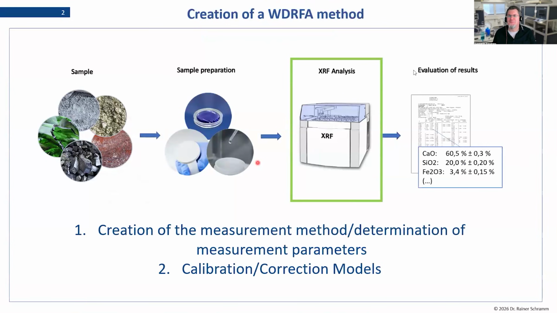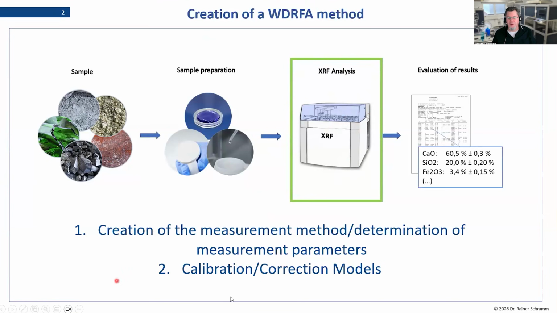Repeated visitors might be familiar with the formula we are usually using. Today's topic focuses solely and entirely on the analysis part in the X-ray machine. So we're not going to talk about the other topics that result in good analytical results. We'll just focus on the X-ray side today, and our main questions are: what steps do we need to take to create an analytical method, and what other parameters do we need to decide on when developing one.